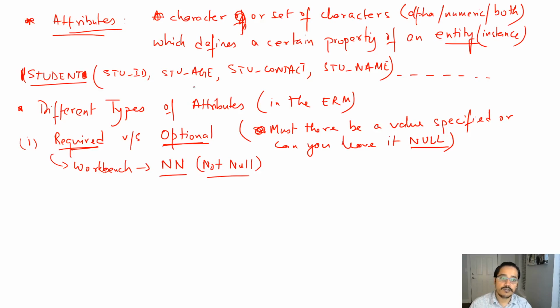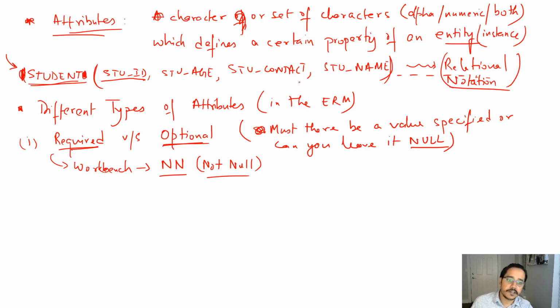Now if you look at this example here, this way of writing a particular entity, where you have the name of the entity and then within brackets you specify the different attributes that define that entity, and then you underline the primary key, is known as a relational notation.